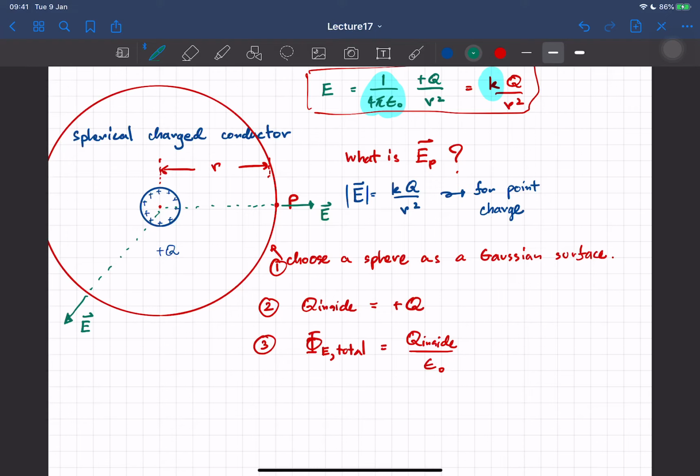It has to be like this because otherwise it doesn't obey the symmetry of the problem. So think about this: if the electric field at this point doesn't point radially outward, but points that way.